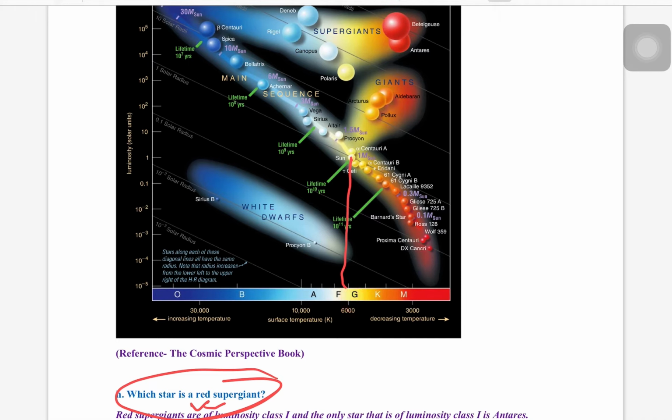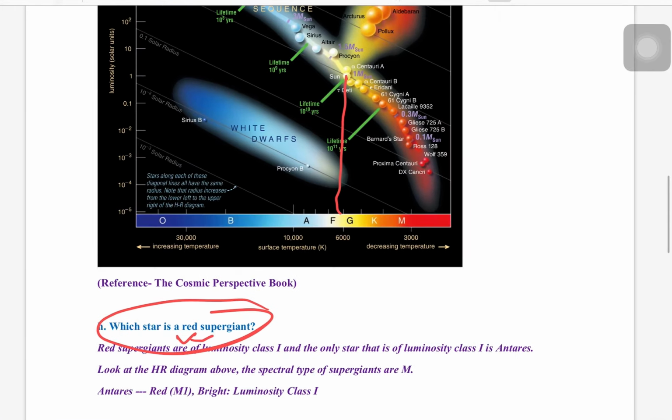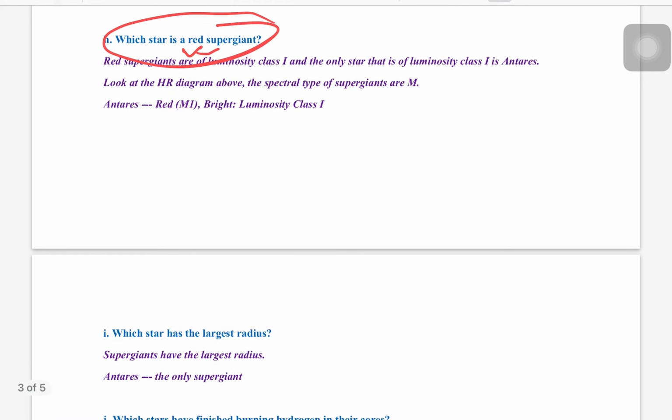G-type means yellowish, like the Sun. So we know our answer here. Which star is a red supergiant? The red supergiant must be luminosity class I, and it has to be spectral type M1. So the only thing we have is Antares.